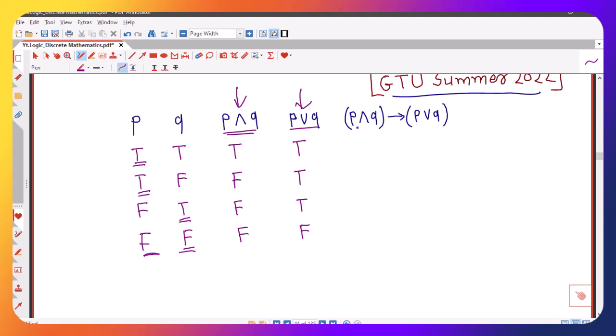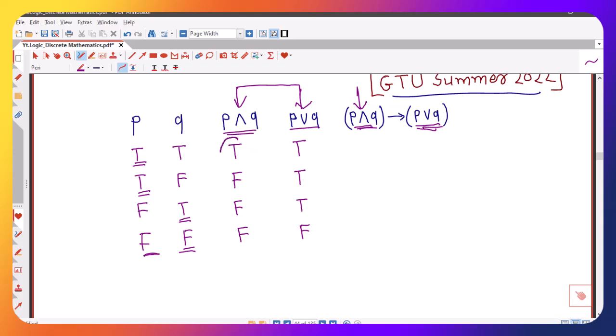Then we have to write down the truth values for this implication, P and Q implies P or Q, and we know that this implication is false if P and Q is true and P or Q is false.